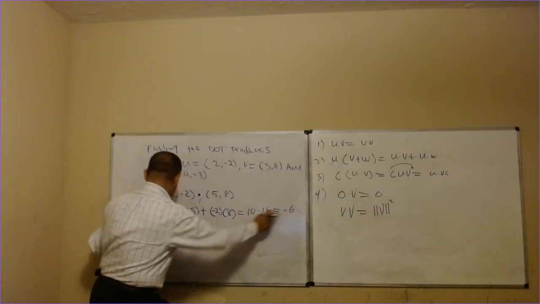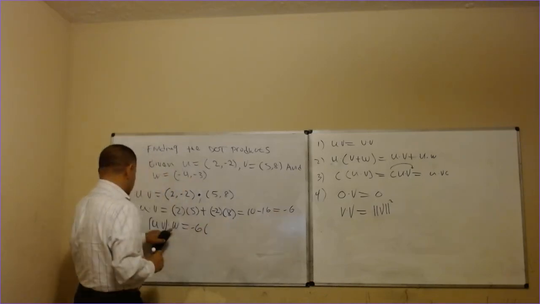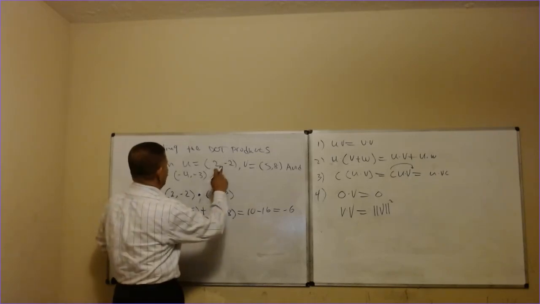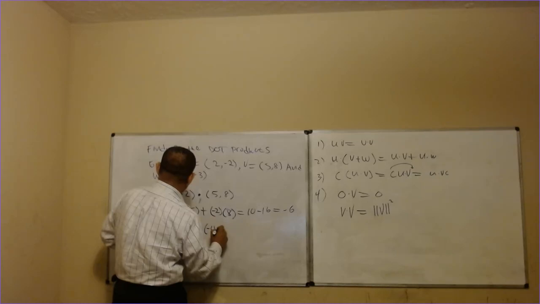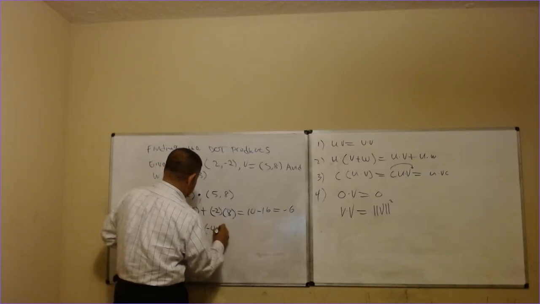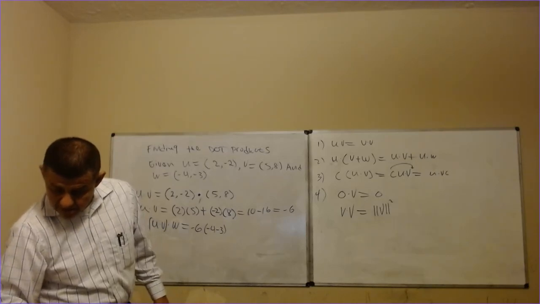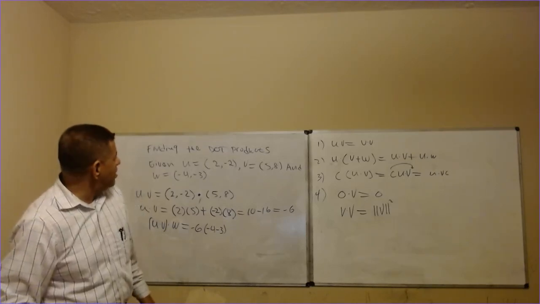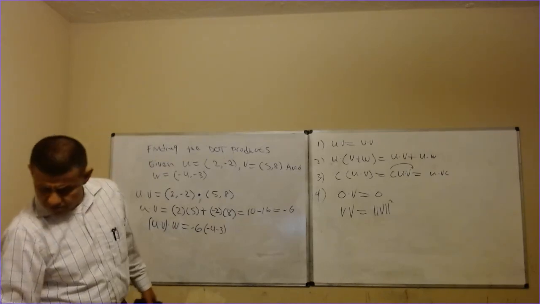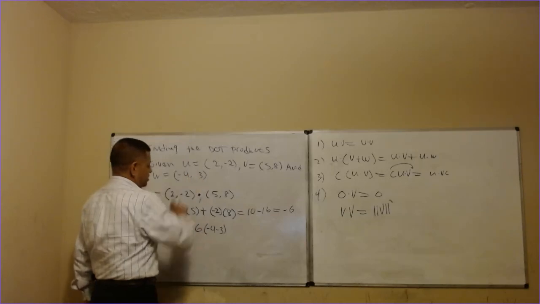u dot v was -6. That with w, which is -4, comma, 3. And hopefully I copied this number correctly. Nope, it's just 3.